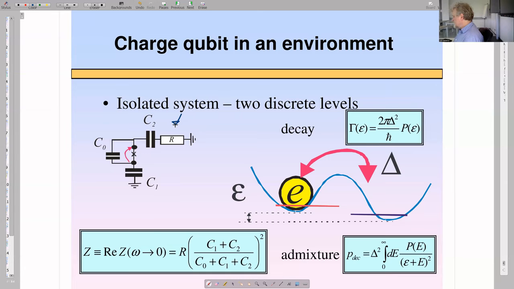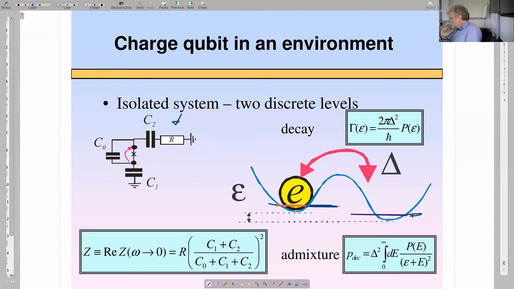Right. So how can we understand the situation? First of all, let us consider a decay owing to tunneling from the excited state to the ground state of this double potential.